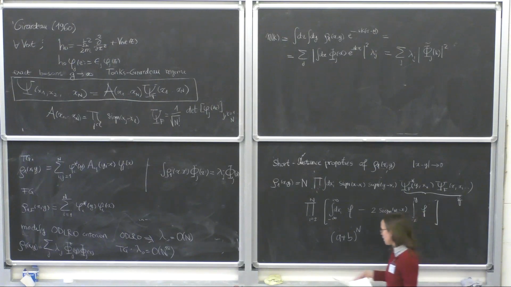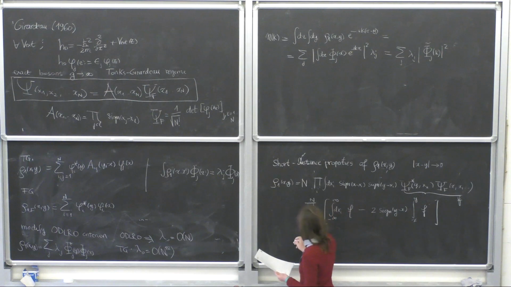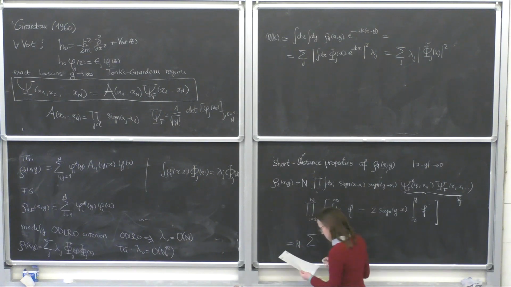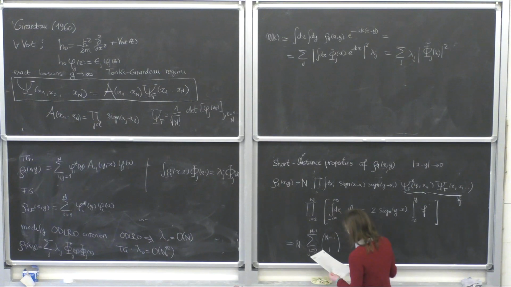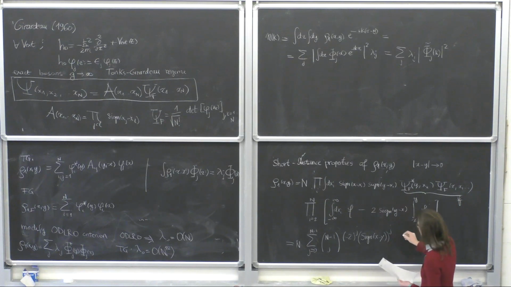It can actually be made rigorous, but if we use this binomial expansion, you get that this is equal to n times a sum, j from 0 to n minus 1, of the binomial coefficient n minus 1 over j, times minus 2 to the power j, sine of x minus y to the power j, and then some integrals.